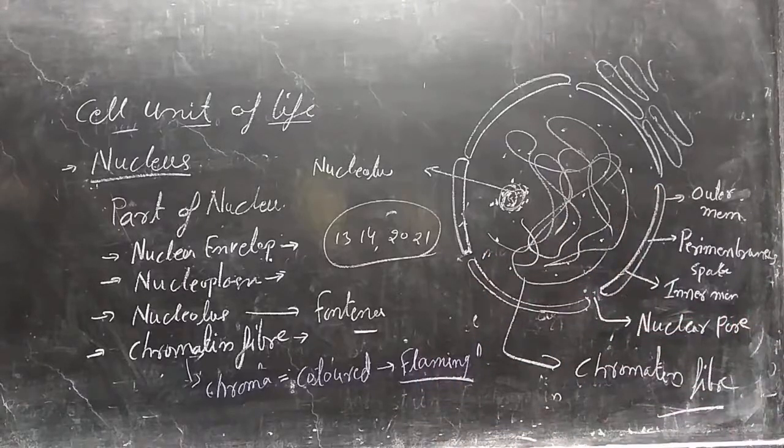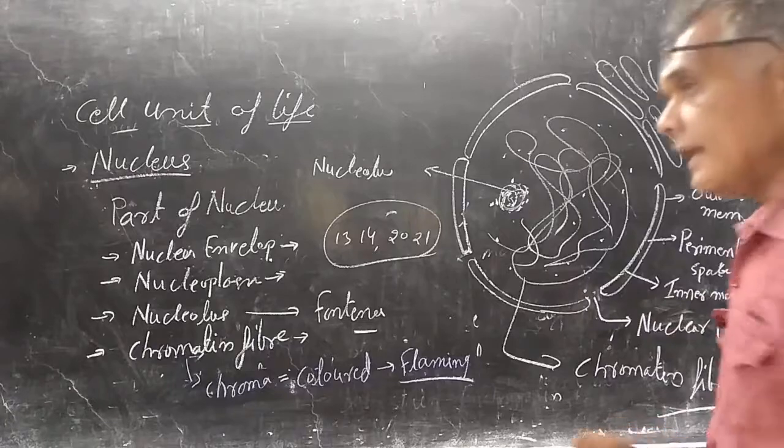During staining, some parts of the chromatin fiber take dark stain, and some parts take light stain.